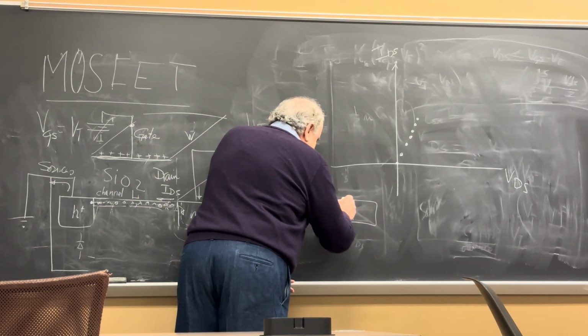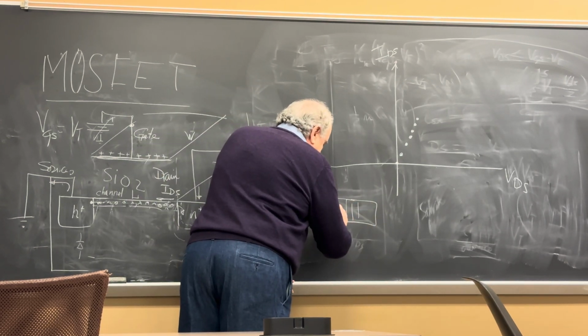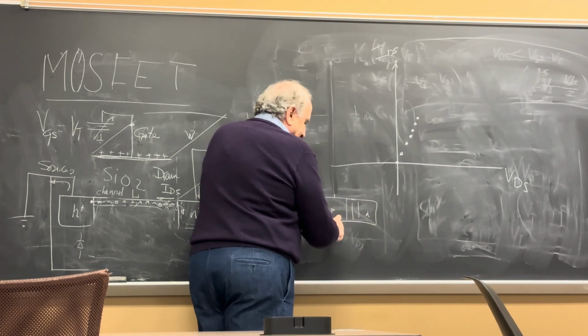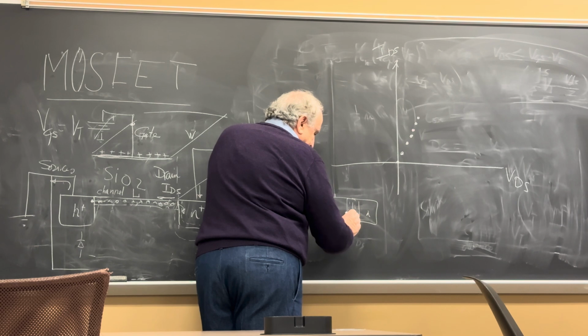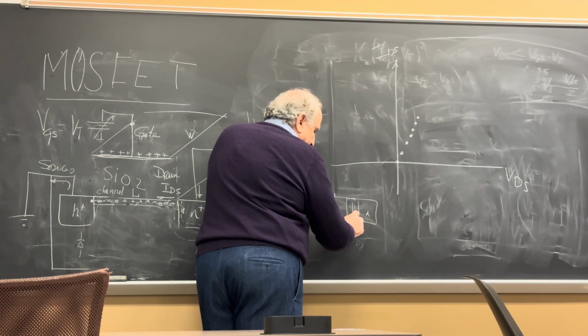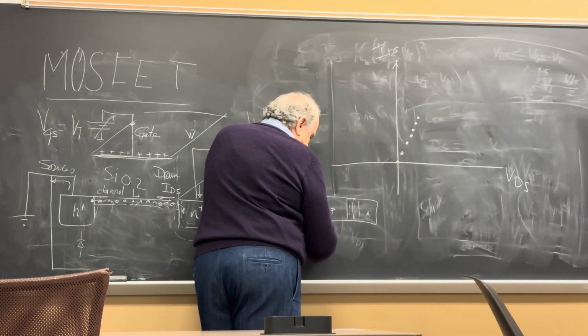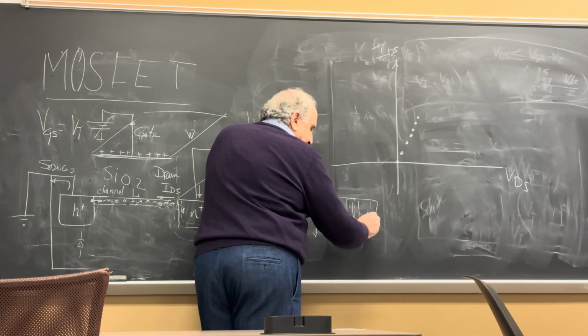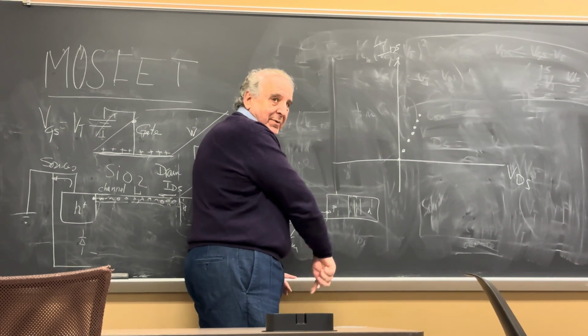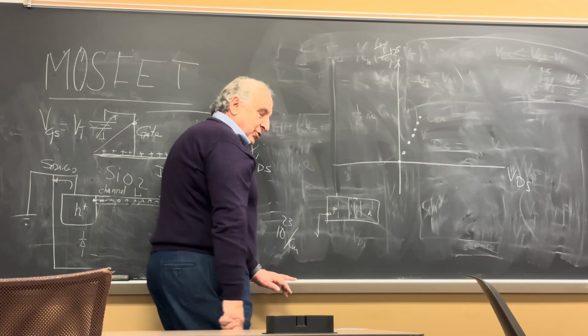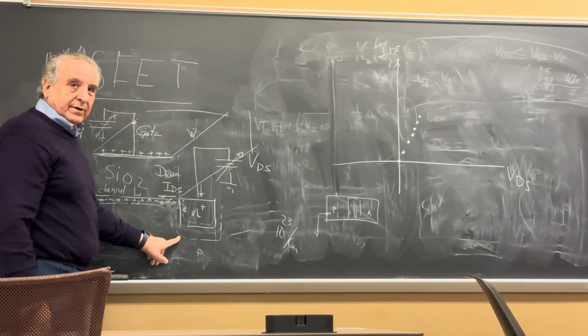Why? These electrons are going the other way. PN. If you put this as positive, it goes like this, right? If you put this as negative, and eventually more negative, it'll hit here and there will be breakdown. So this is getting wider.